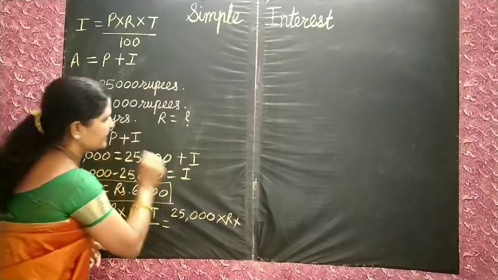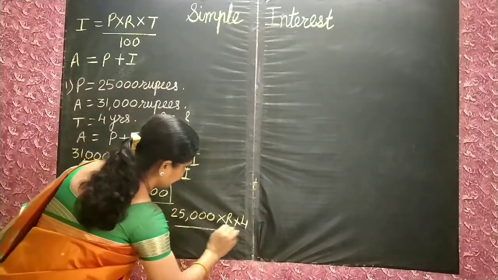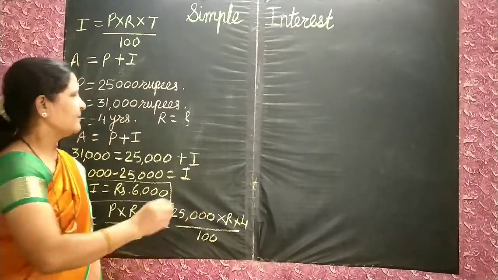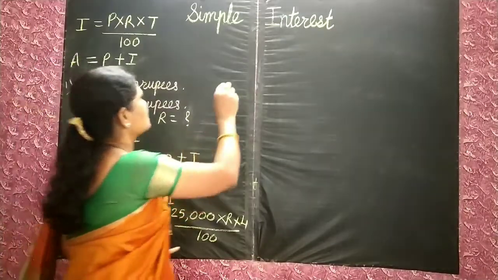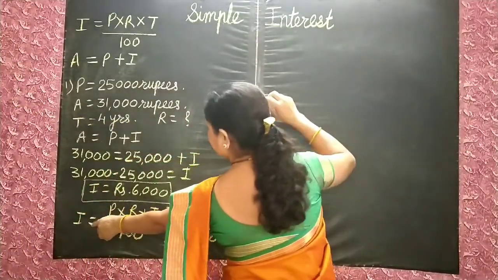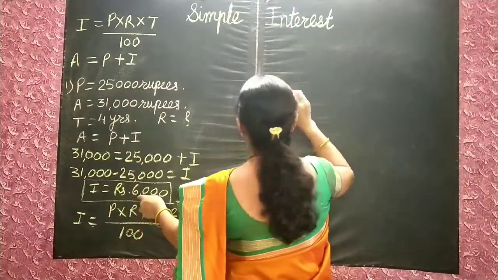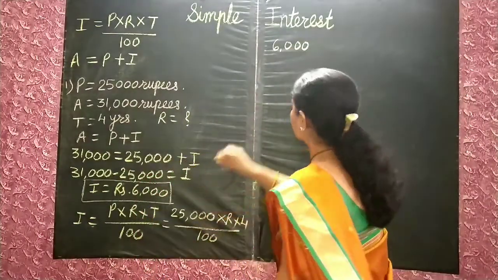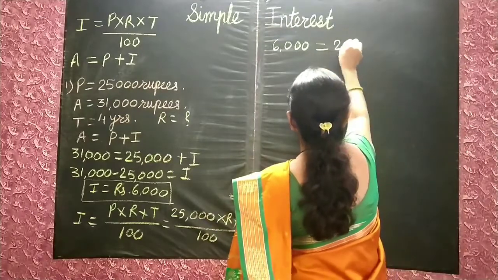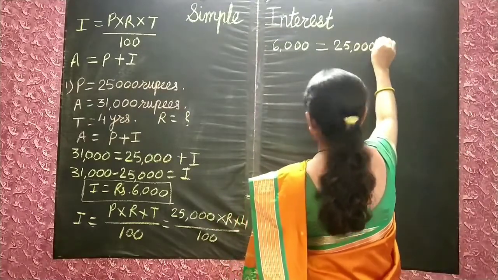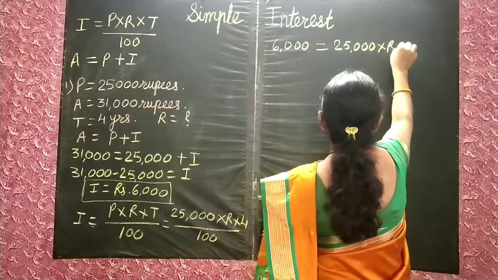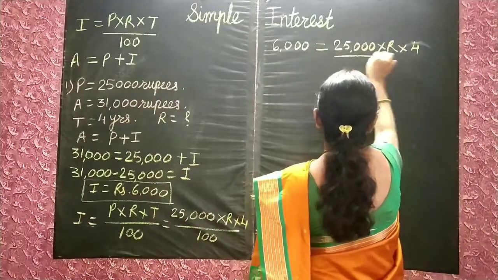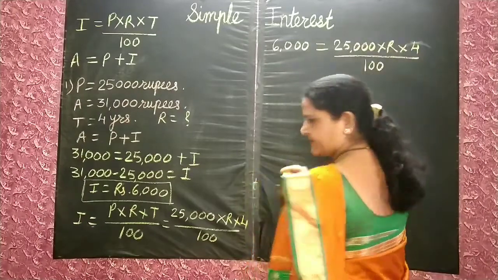Time is 4 years, upon 100. Got it up to here? Now interest is also given. Just now we found it: 6,000 rupees. So 6,000 is equal to 25,000 multiplied by rate of interest multiplied by time, 4 years, upon 100.